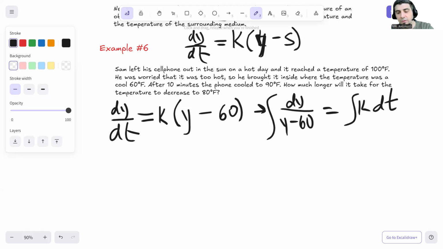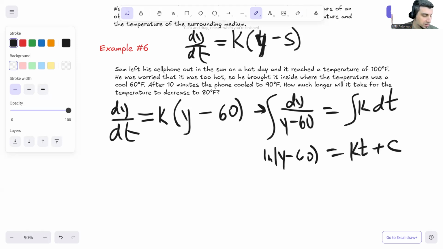Slap on your integral symbols, and you'd have natural log absolute value y minus 60 equals kt plus c. Now, because the value of y is going to be greater than 60, because y is the current temperature of the object, we don't actually need the absolute values on there. So we can write that as natural log y minus 60 equals kt plus c.